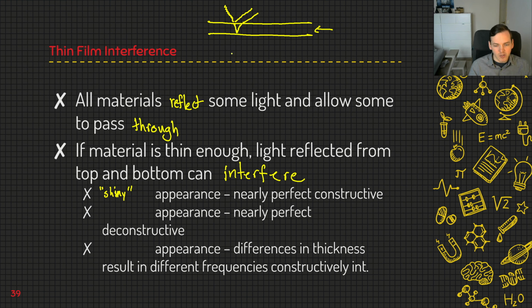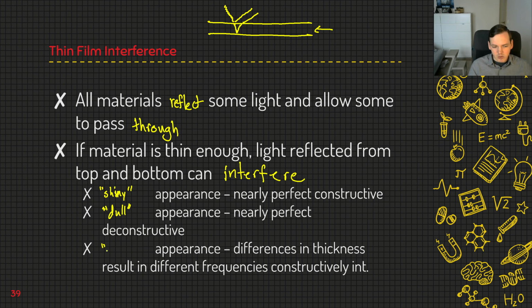So thin film interference can make something be really shiny if we're getting a lot of light constructively interfering. We can get a dull appearance if we have nearly perfect destructive interference. So in other words, if the light bouncing off and the light that goes through here destructively interfere, it'll make the reflection dull. And I should say these are the reflections. So a shiny reflection or a dull reflection.